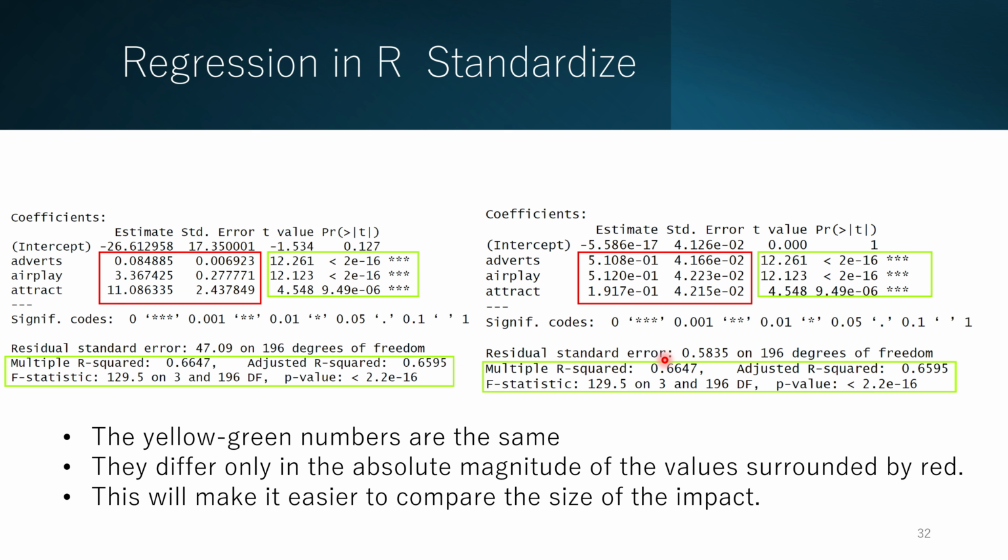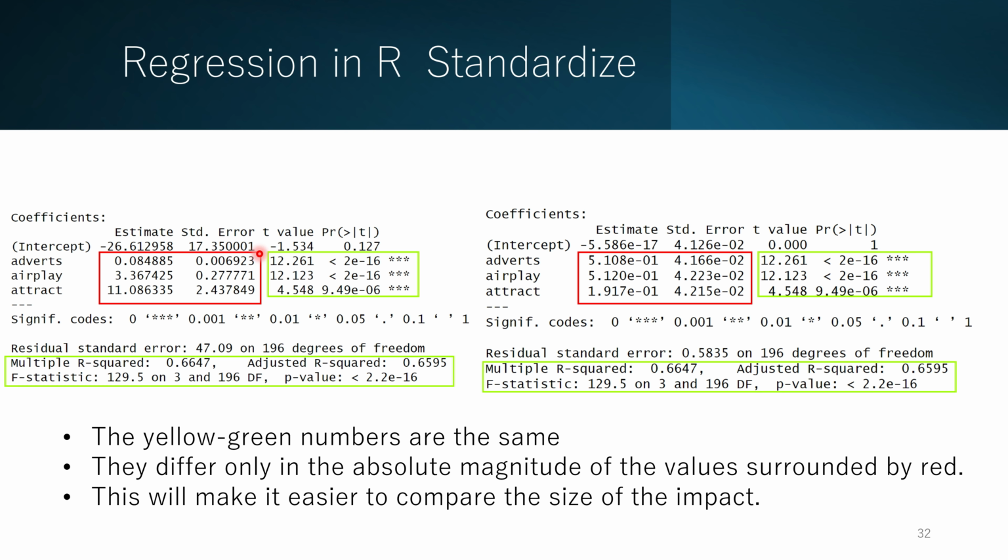And R squared and other indicators are totally the same. But the red enclosed area is different. The results differ only in the absolute magnitude of the values surrounded by red, and this makes it easier to compare the size of the impact.